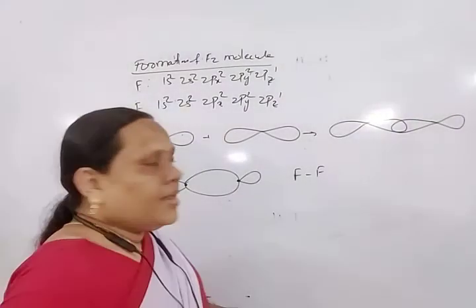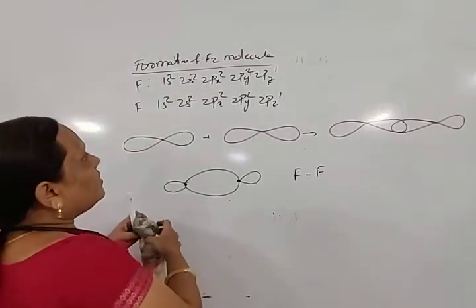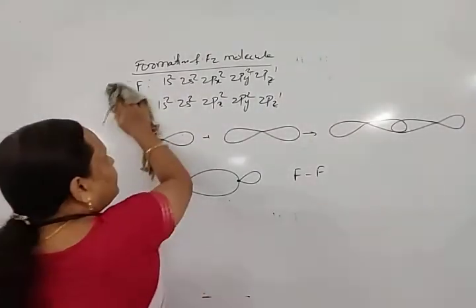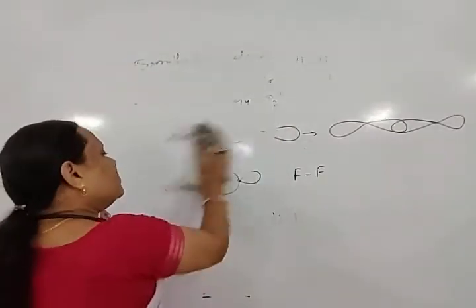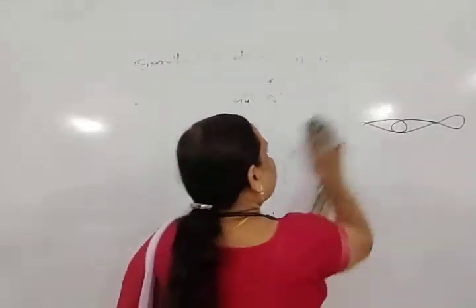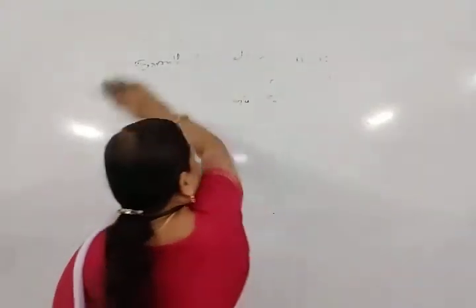Okay. Next, come to another, that is the formation of the O2 molecule, the formation of the oxygen molecule according to valence bond theory.